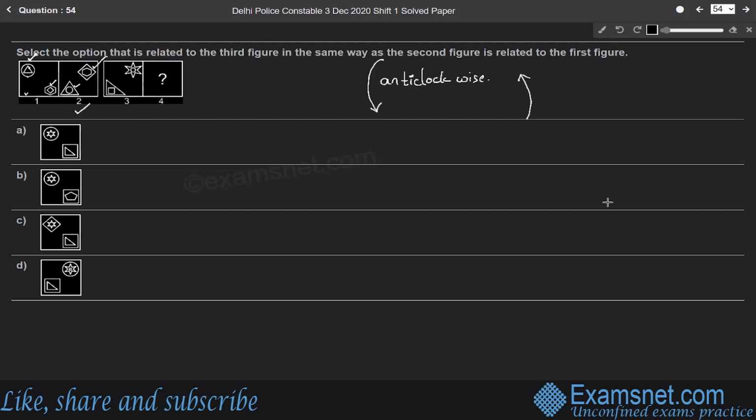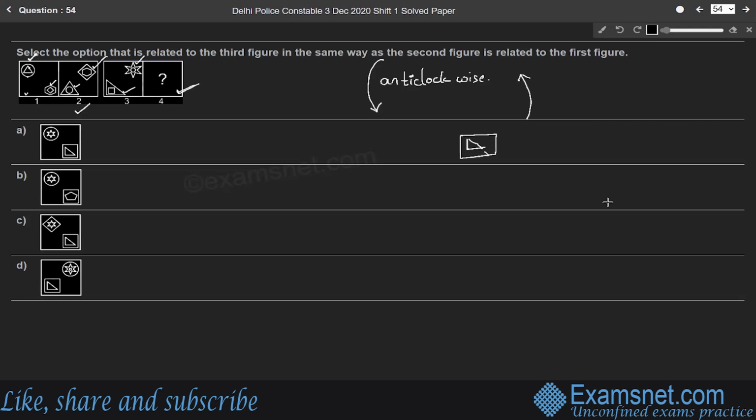Look at figure 3. There is a right angle triangle which is the outside figure and a square which is the inside figure. This shape will move to the next position, the right bottom corner. So the right angle triangle becomes the inside figure and the square becomes the outside figure.